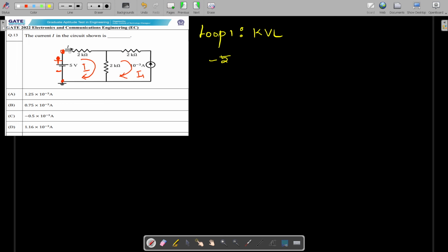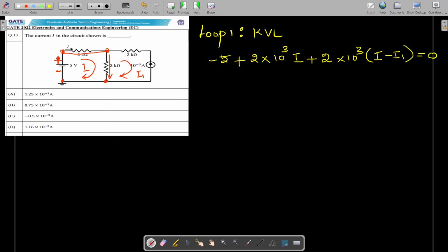Then the current I is flowing through this 2 kilo ohm, so applying Ohm's law, plus 2 into 10 power 3, because we have kilo ohm, times the current I. Then we travel from here downwards through this 2 kilo ohm resistance, where both currents I and I1 are available, so plus 2 into 10 power 3 multiplied by the difference in current, I minus I1, equal to 0.